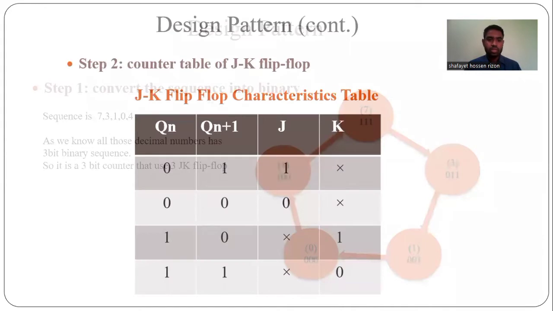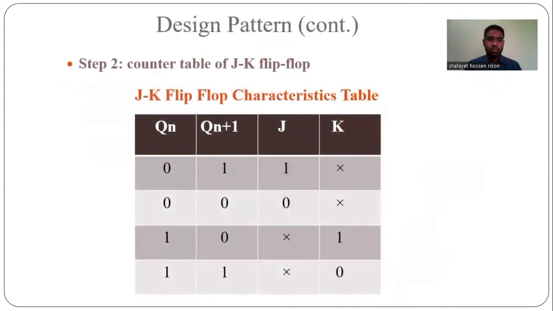Now next slide, JK flip-flop characteristic table. Let's see the first case, when Qn is 0 and Qn plus 1 is 1, we can see JK values are 1 and don't care.